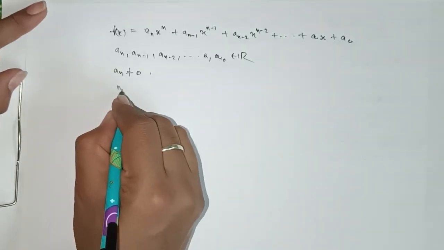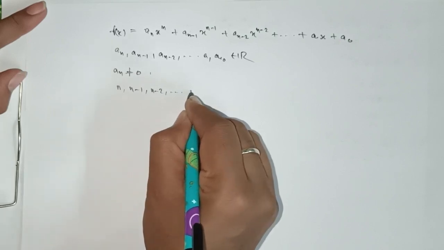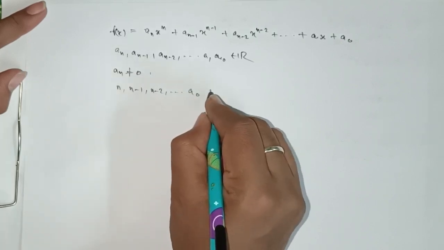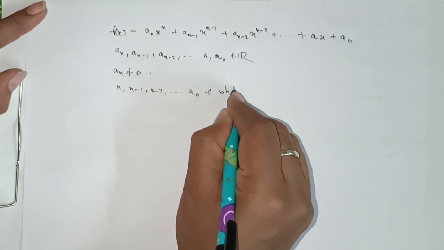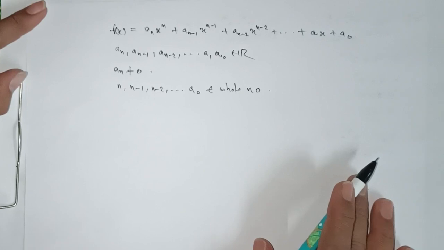And the exponents n, n minus 1, n minus 2, these all are whole numbers, belonging to whole numbers. Then this type of function we call a polynomial function.